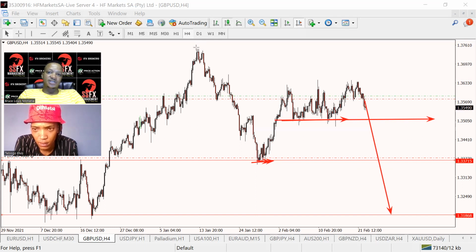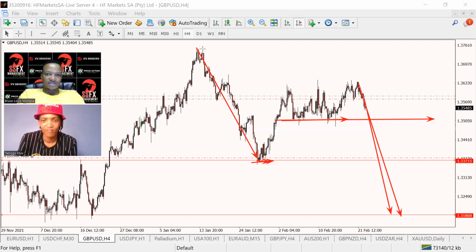So if this is your AB, your CD will be this one. AB should be equal to CD, so this one should be approximately equal to this one.